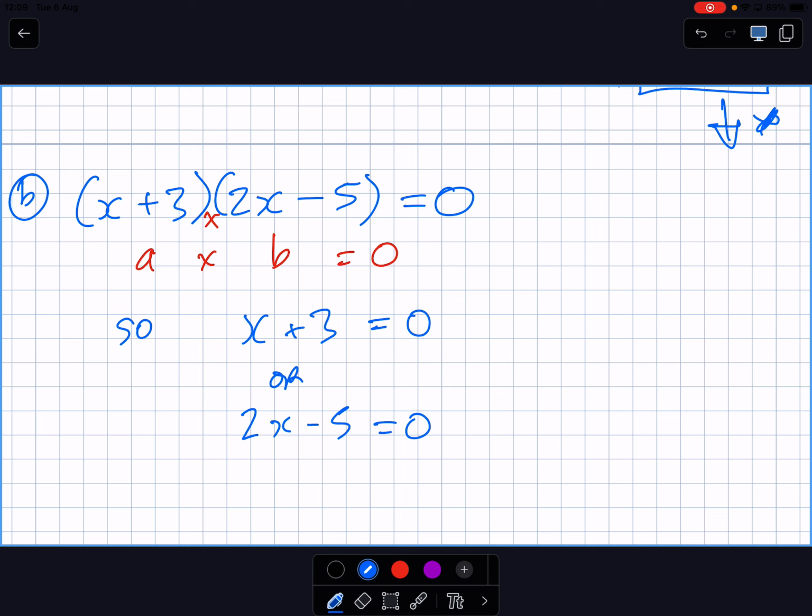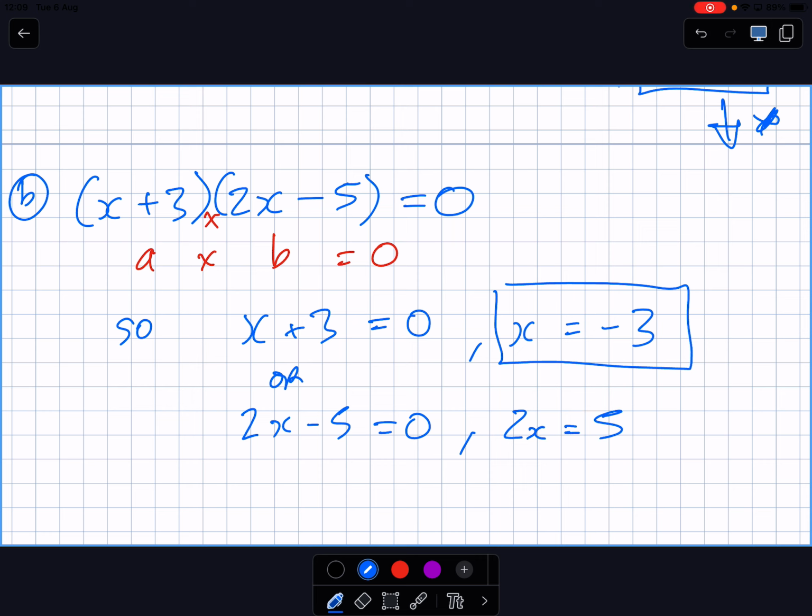I need to get rid of adding 3. What is the opposite of adding 3 to something? Minusing. So this top one is going to be x is equal to negative 3. And this bottom one, what are the options here? There's 2 steps. What's the opposite of taking 5? Plusing 5. So you're going to have 2x is equal to positive 5.